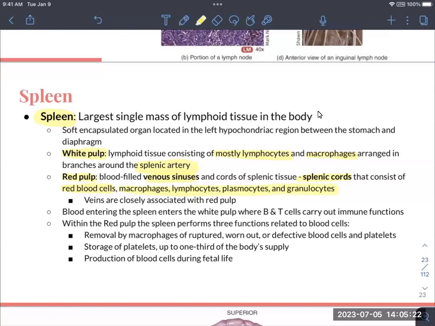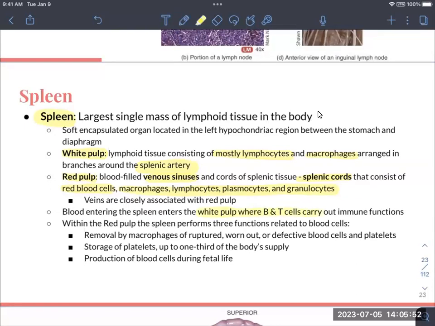Remember that lymph node, or no, that spleen, sorry, wrong organ. That spleen helps to clean out old, dead red blood cells. So of course we're going to have an area with red blood cells. That's where that red pulp comes in, because there we are filtering out those red blood cells. So blood enters the spleen at the white pulp.